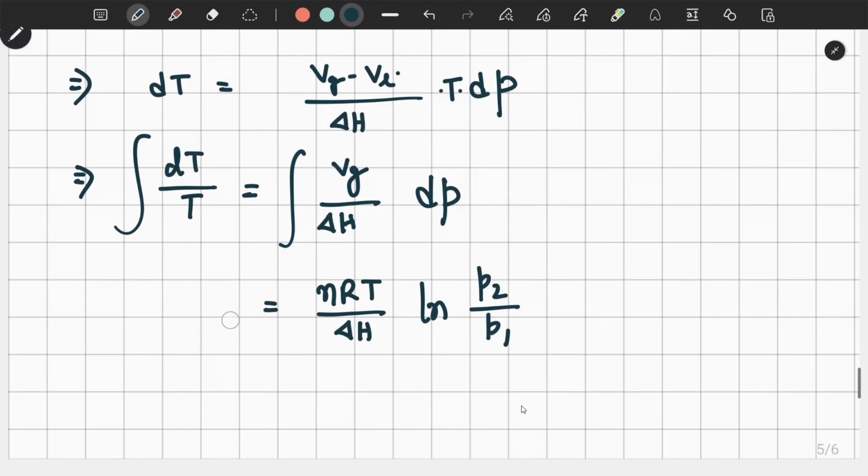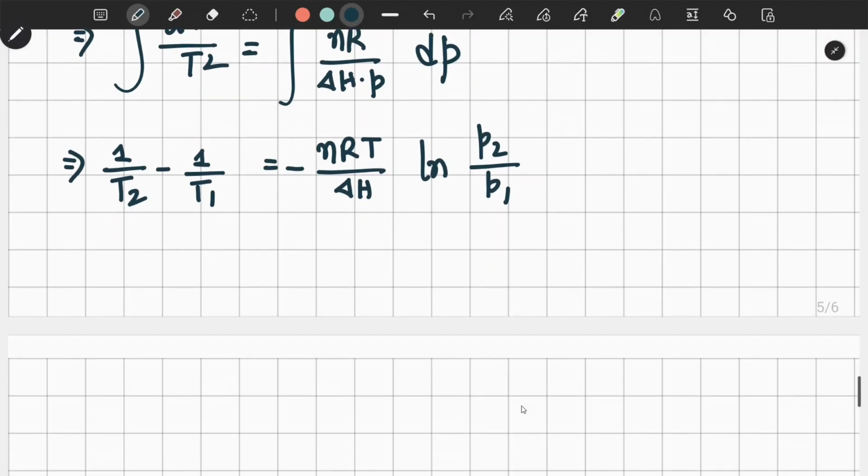So it will be nRT by, like this, 1 by T1 minus 1 by T2. This is correct.